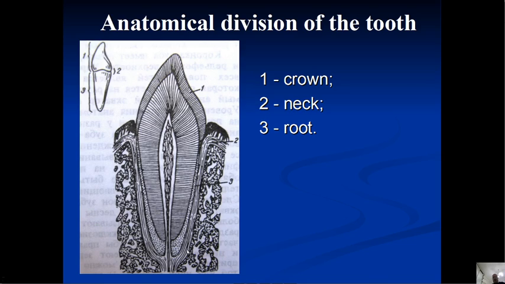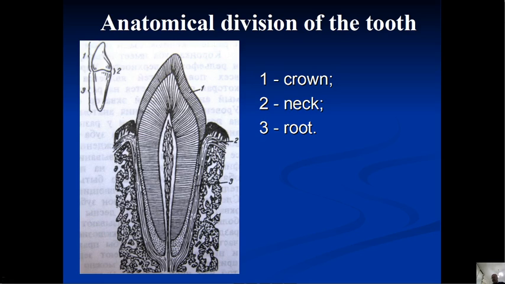And in the deciduous teeth, the radical part can be resorbed, and so the deciduous teeth change to permanent teeth. And the part between them is the neck of the tooth. This neck can be anatomical or clinical.